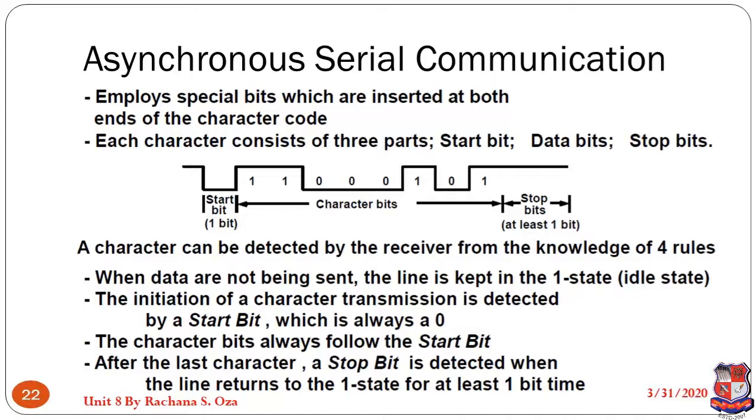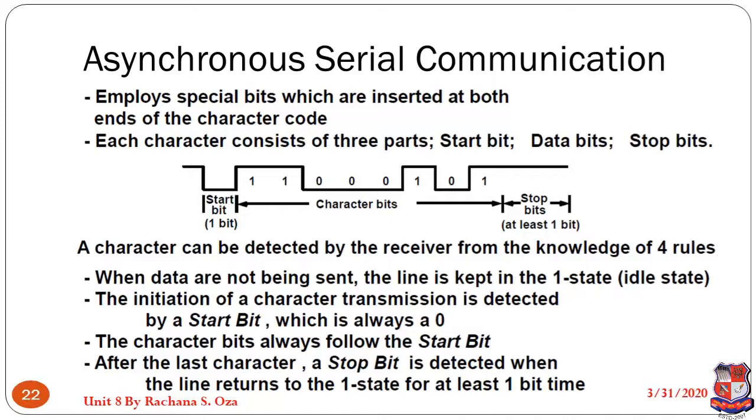So this is how each piece of data is made up, and it is known as a frame. This complete wave is known as a frame, where the first bit is a start bit and the last bit is a stop bit. The stop bit can be 0 or 1. It depends upon the mutual consent between the receiver and the source.